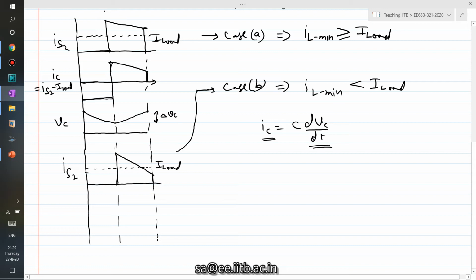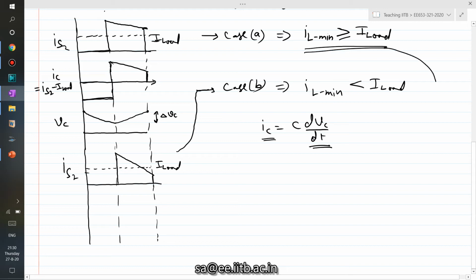Okay, so how do we solve for delta VC? Before we go ahead and solve for this ripple, we can probably try to simplify this equation into the known parameters.